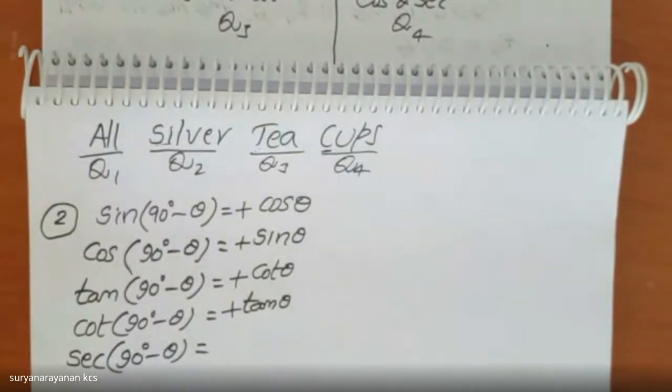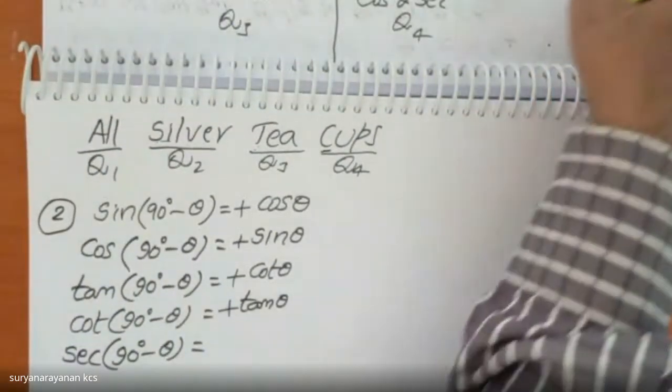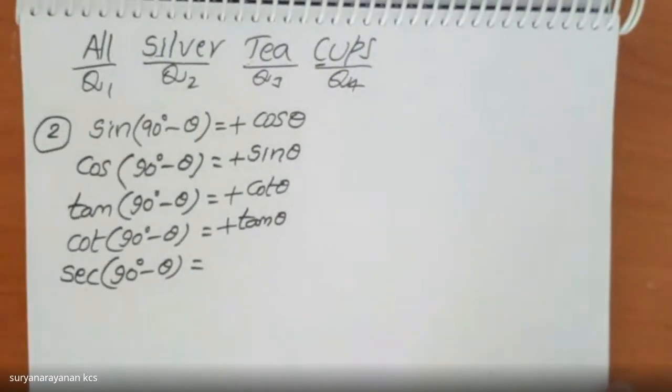Now tell me, secant 90 degrees minus theta. What is the value of secant 90 degrees minus theta? Very good, Ria.